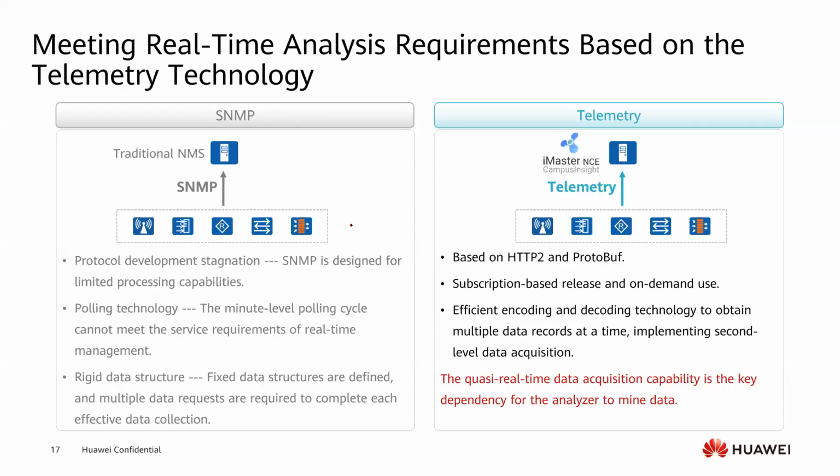For the telemetry, we use the HTTP2 or protobuf to collect the network's data, and separate this data into different modes for the wired network or the wireless network, and then it will show you the data of the network in real time.